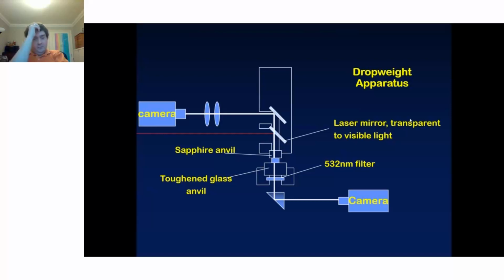Some of that light goes to a camera which sees the laser light and the visible light, and the other one goes to a 532 nanometer filter, and it sees only 532 nanometers. So the top camera will see laser light and reaction, and the camera on the lower end will only see frequency doubled light.